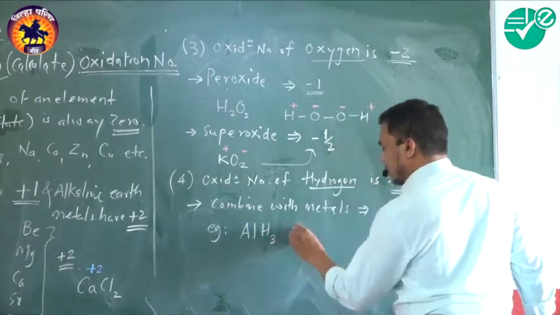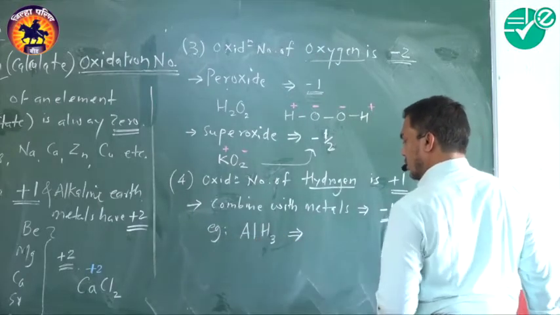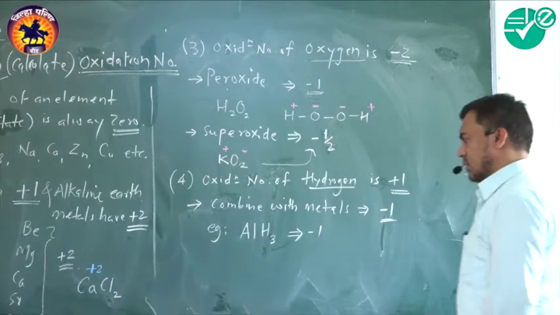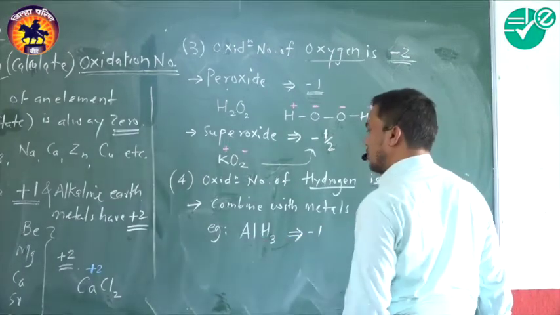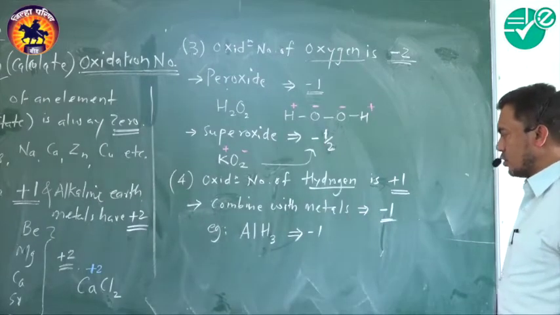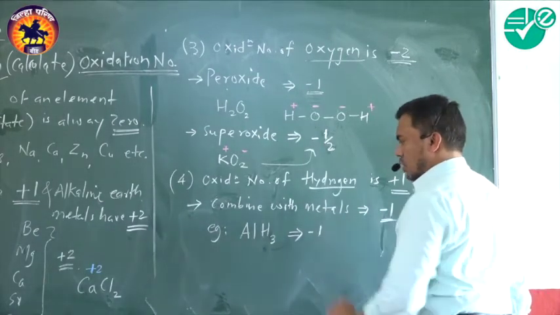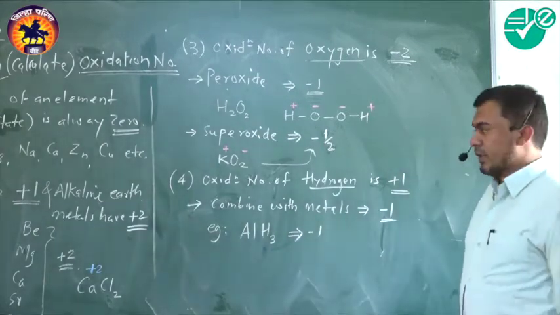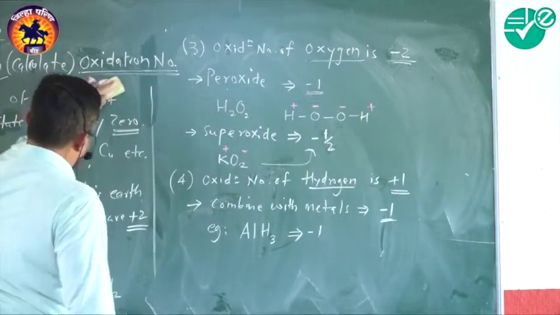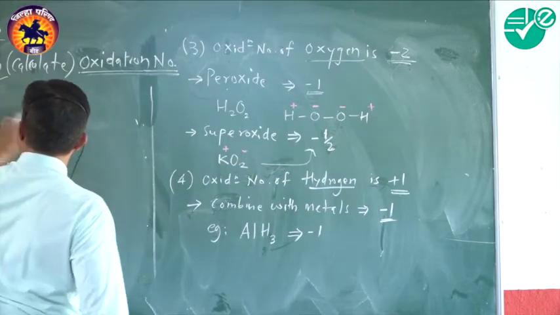So in this case, each hydrogen is showing -1. These are called hydrides, metal hydrides. So in short, in metal hydrides, hydrogen shows -1 oxidation number. It's very important. Now we'll move to another important oxidation number rule.